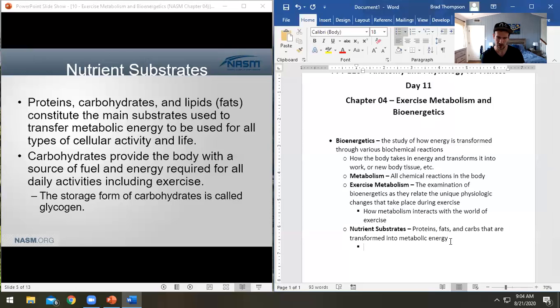And we'll say that right here. So these nutrients have energy or calories in them that we are able to transform into chemical and mechanical work, right?